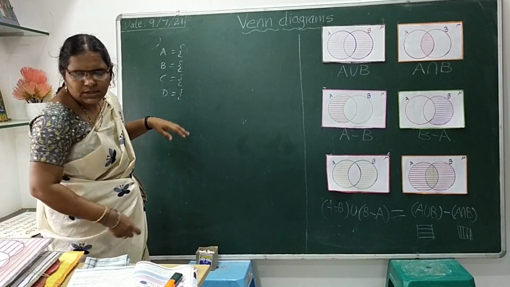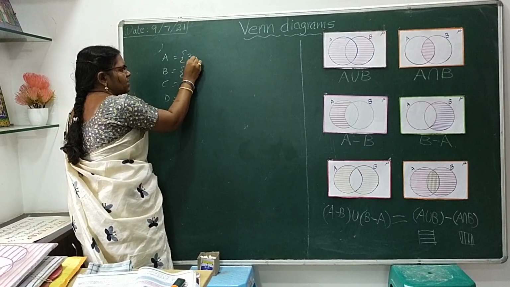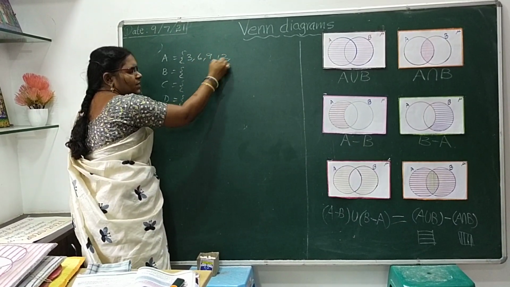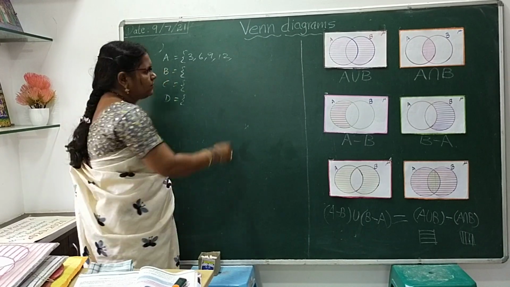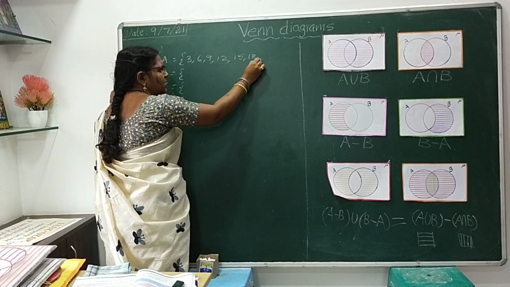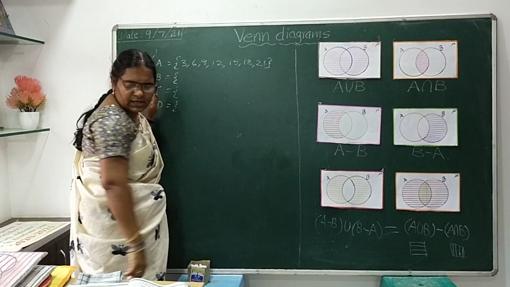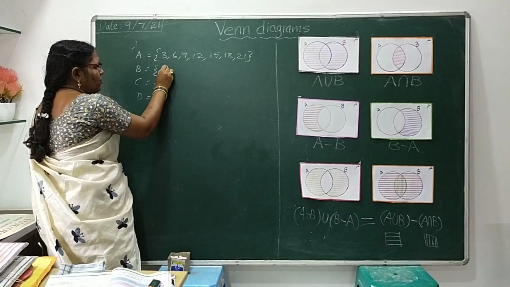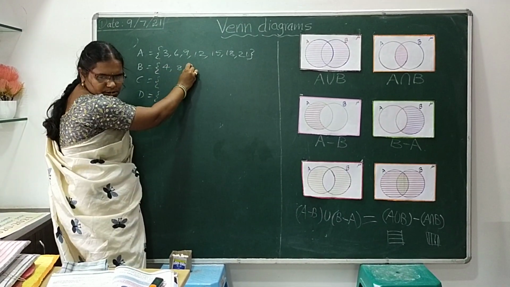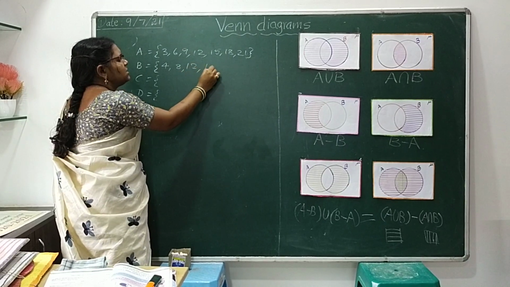First one, A: 3, 6, 9, 12, 15, 18, 21. Next, B is 4, 8, 12, 16, 20.